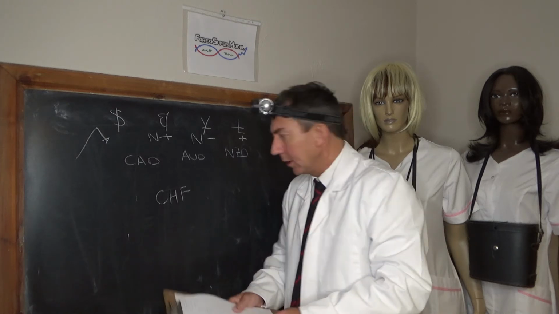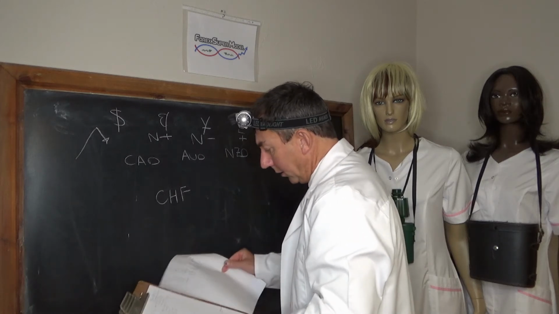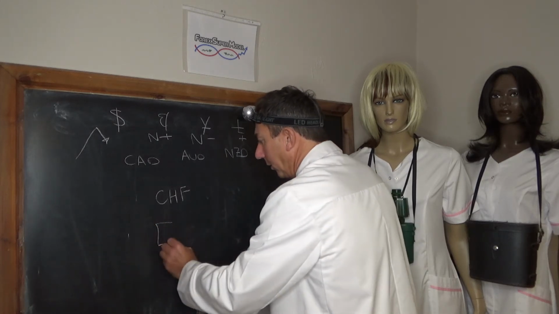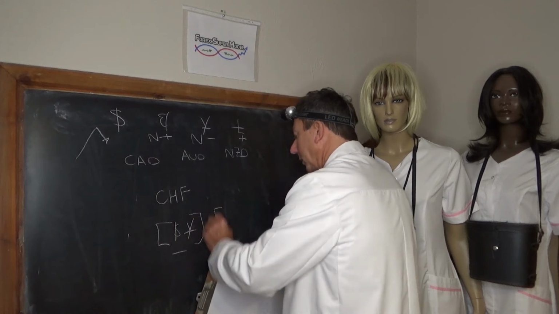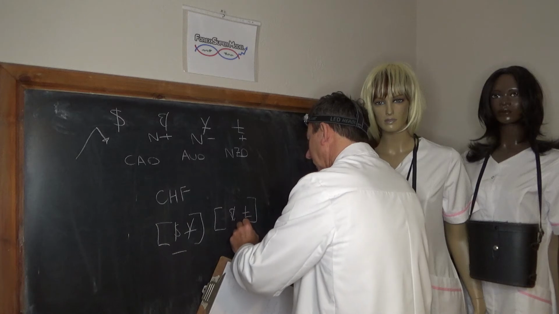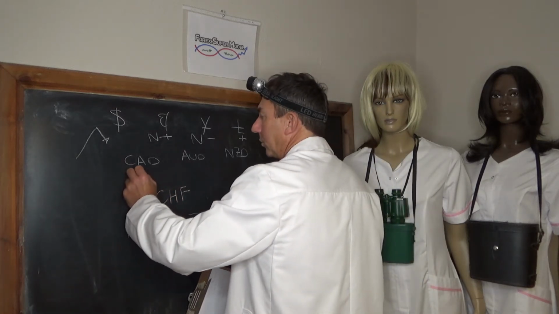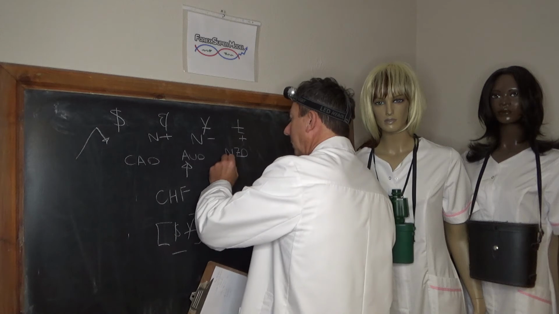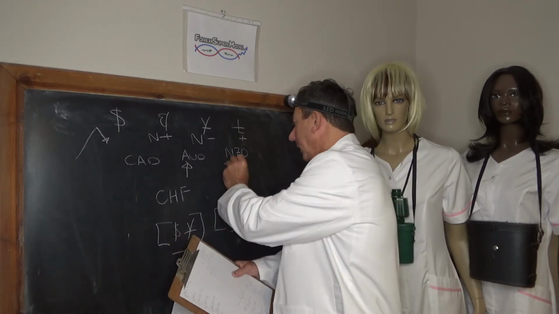So you've got this dollar-yen weakness on one side, and euro-pound strength on the other side, and strength in the AUD and strength in the NZD predominantly.